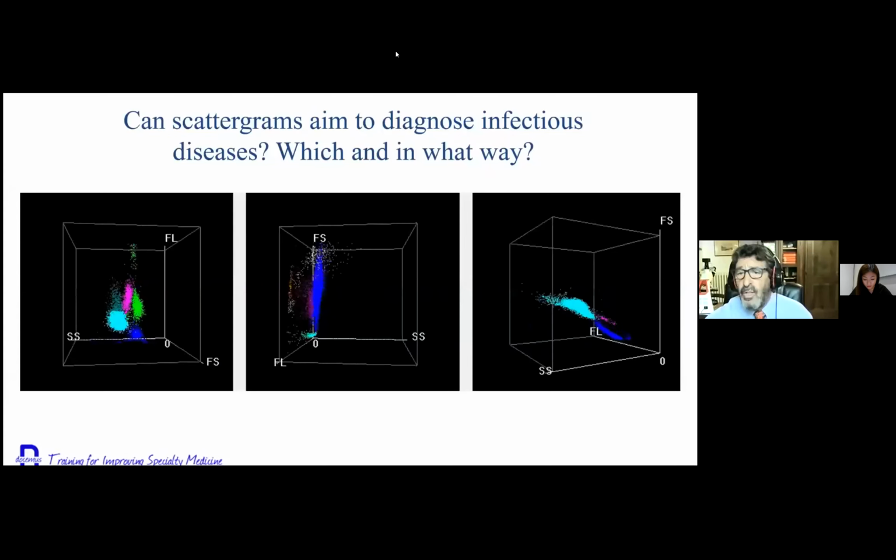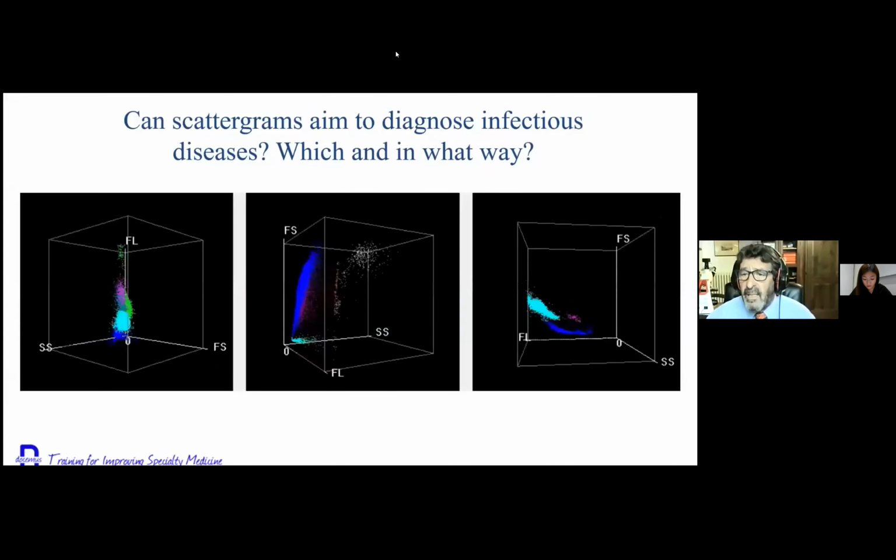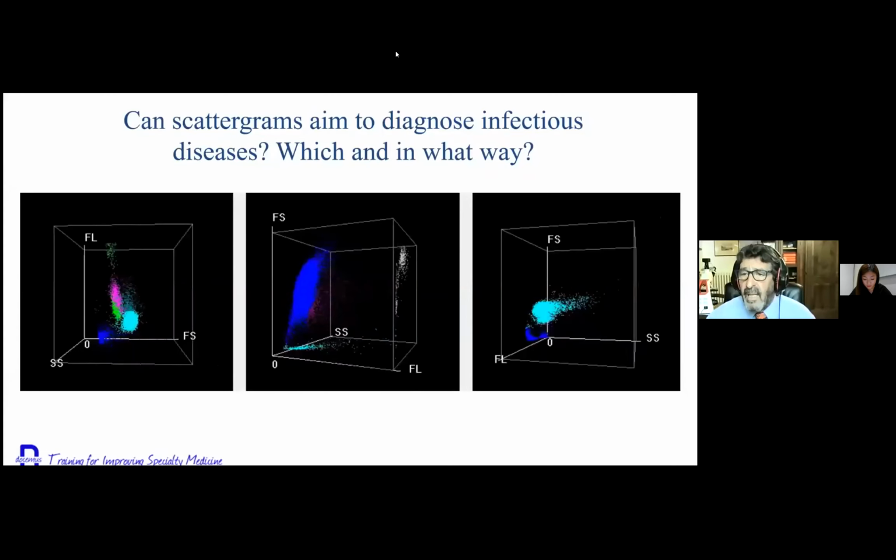Let me talk about the morphological changes in the instrumental scattergrams, dealing with a few infectious diseases. For this purpose, I will mainly use the additional information coming from cytogram rotation.